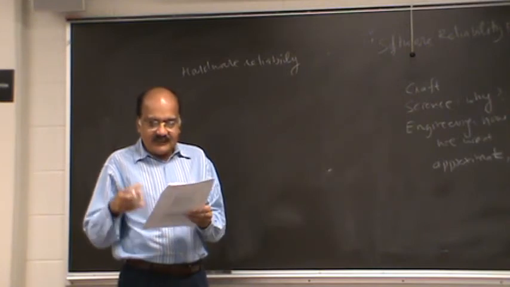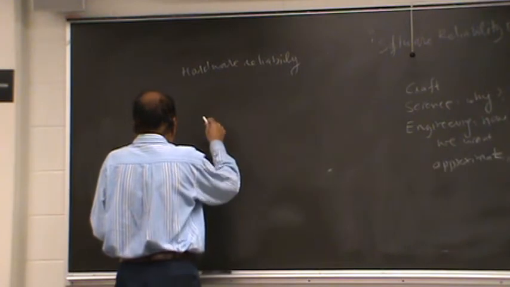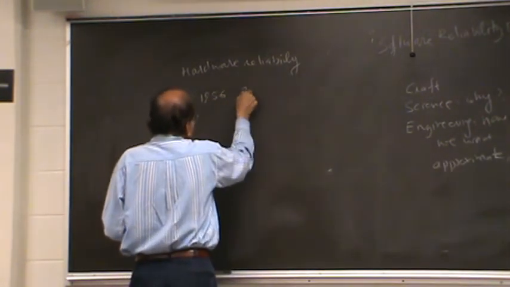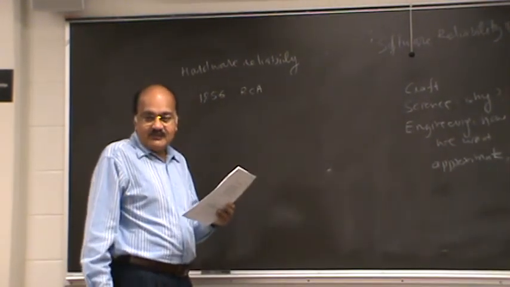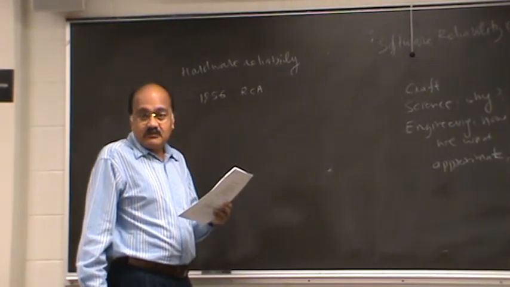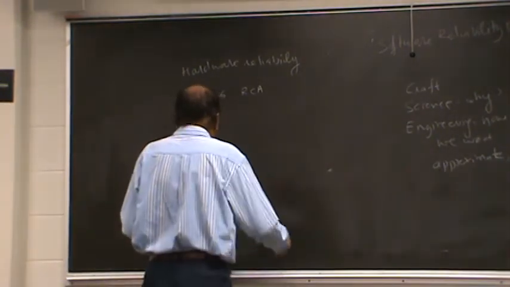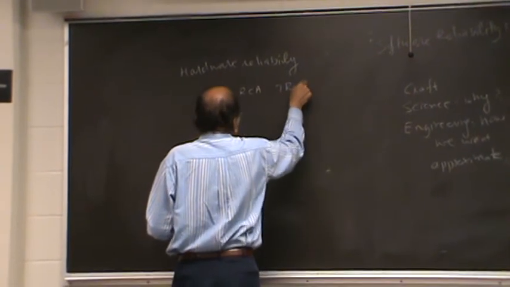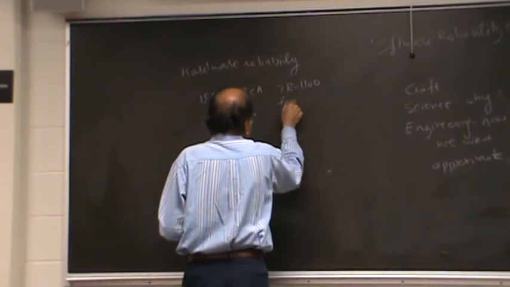And then they started thinking about failure rate models. So in 1956, RCA, that used to be a big company. I don't know if anyone has heard about RCA? It used to be a big company, Radio Corporation of America. And so they came up with TR 1100. So it's a failure rate model.